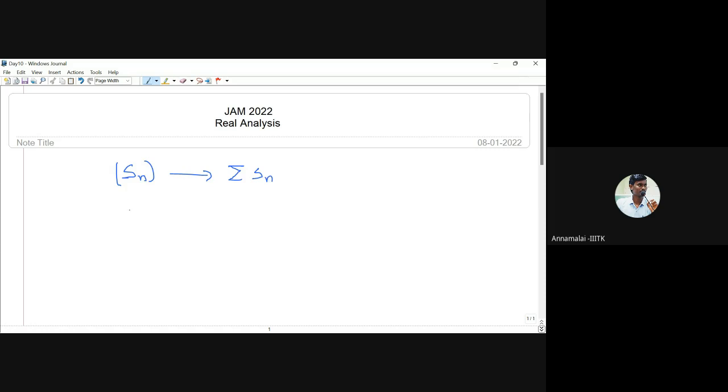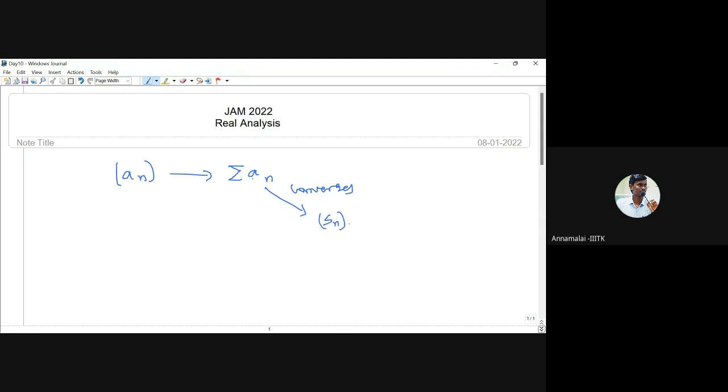Now, when we say this series converges, we have to define a new sequence. Usually we denote Sn as the partial sum, though we can take some other notation, some An, and then summation An is the series. Now, when we say this series converges, you have to find the partial sum.